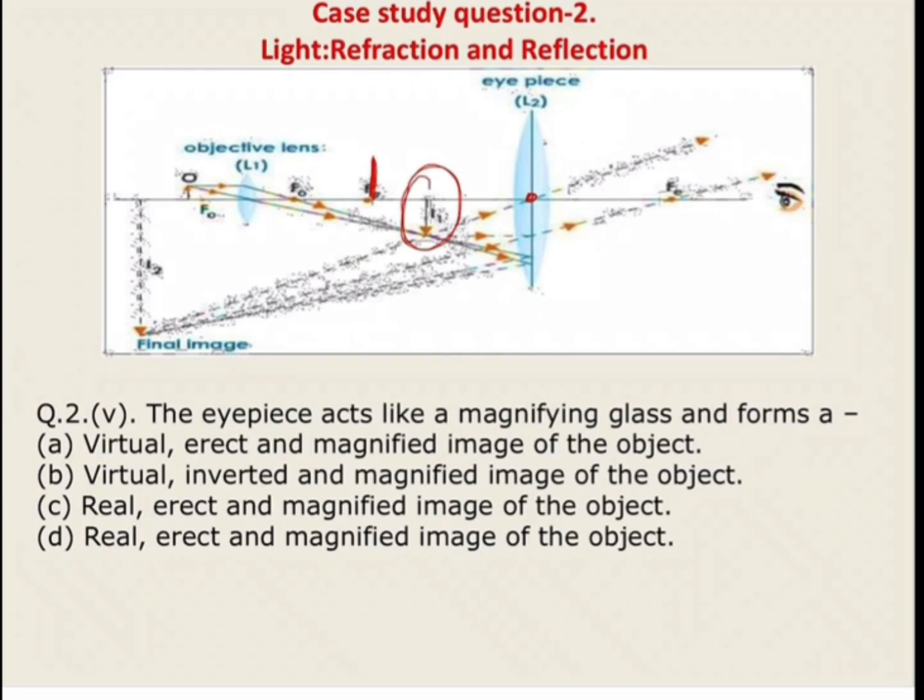So the image will be option A, virtual, erect and magnified image of the object. So option A is correct here.